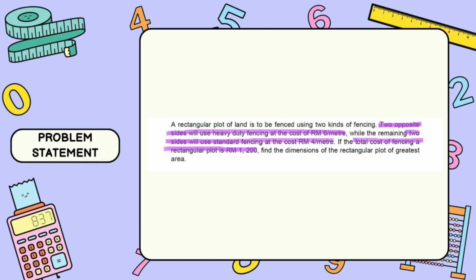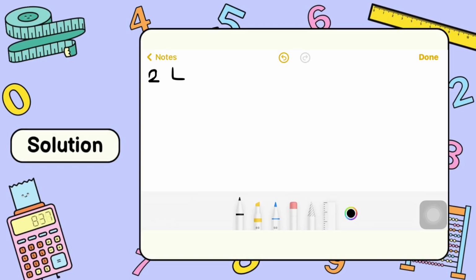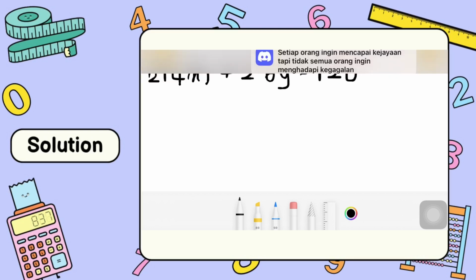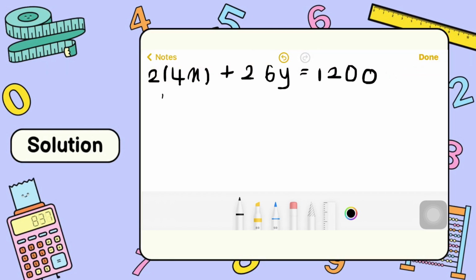So, 2 multiply 4x plus 2 multiply 6y equals 1,200. Then, multiply it, you will get 8x plus 12y equals 1,200.